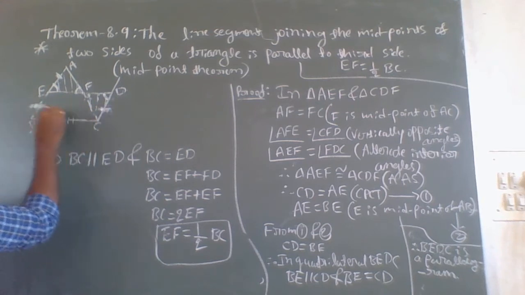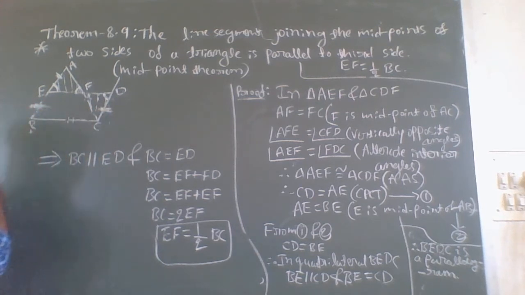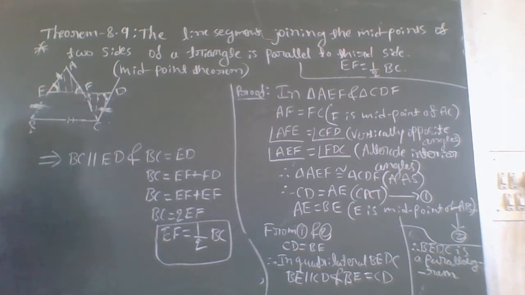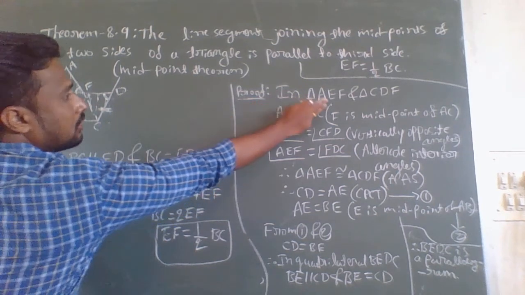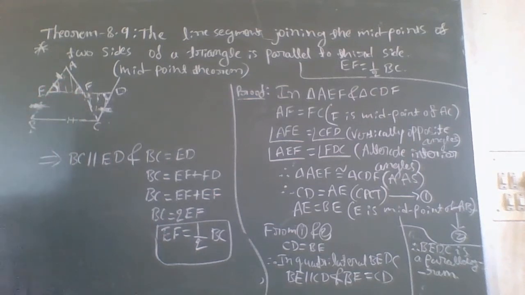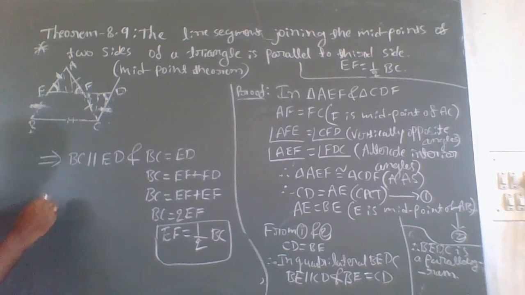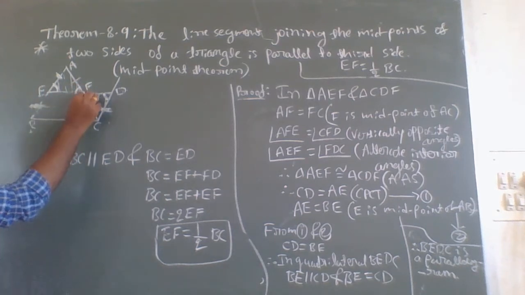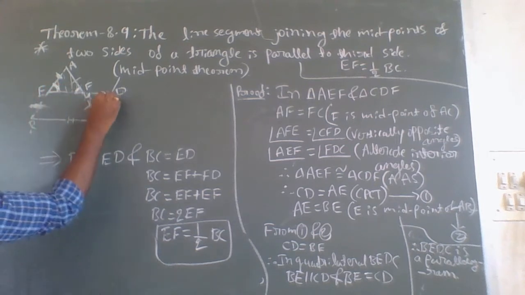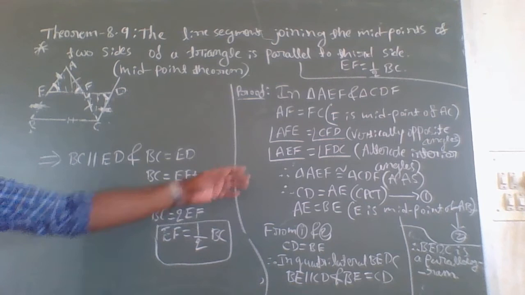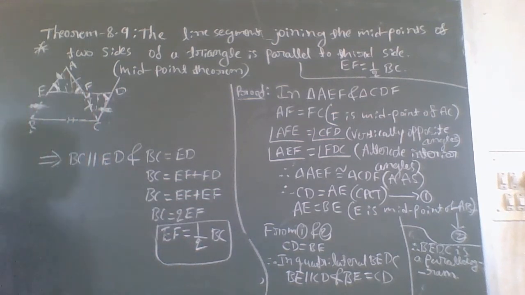So how to prove this? To prove these two sides are equal, we will consider these two triangles first. Here these two sides are equal because F is midpoint, and these two angles are equal because of vertically opposite angles. These two are alternate interior angles. Therefore, these two triangles are congruent.